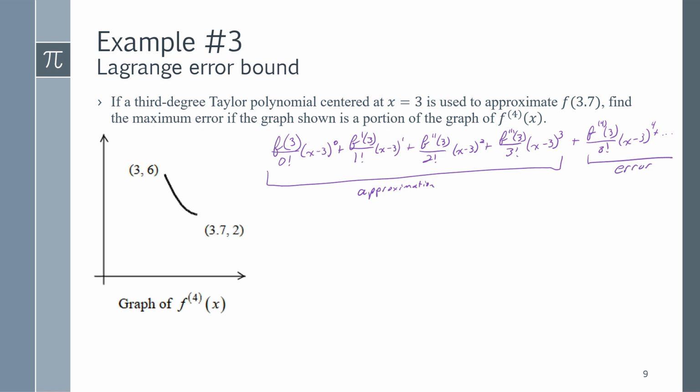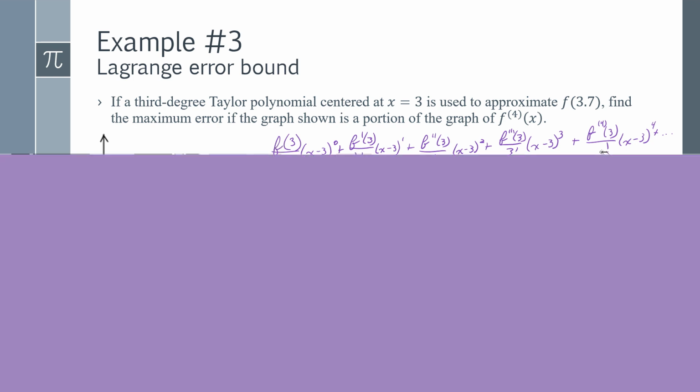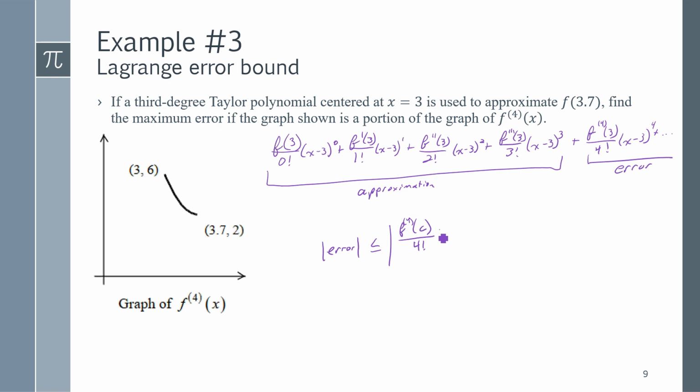Well, I can't actually sum up everything, that infinite number of terms left over, so we're going to tweak the first term of the error. So the absolute value of my error is going to be less than or equal to the absolute value of the fourth derivative of something. We use c to represent it, but we just need the fourth derivative of something over, oops, that should be 4 factorial. 4 factorial times x minus 3 to the fourth.